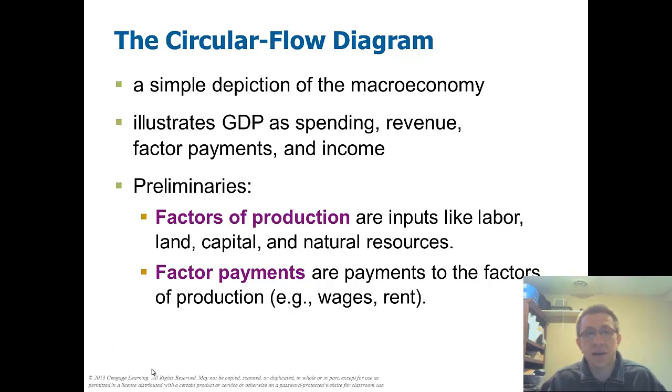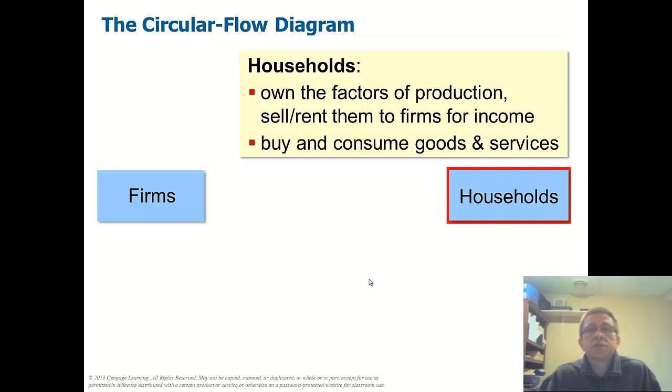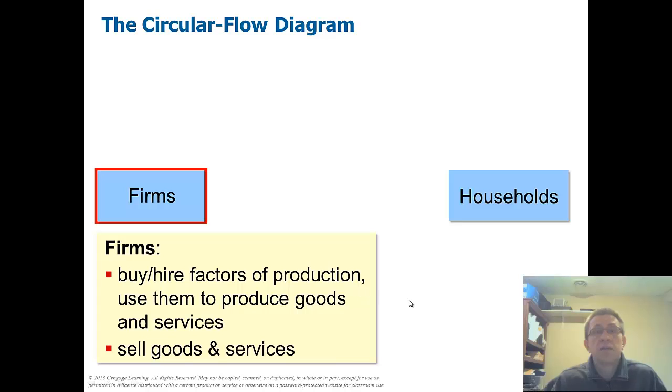It's the same idea here. Factors of production: labor, land, capital. We've covered that already. Factor payments are payments for those factors of production. Wages. So households own the factors of production, sell or rent them to firms, and buy goods and services. The firms sell the goods and services, and buy or hire the factors of production.